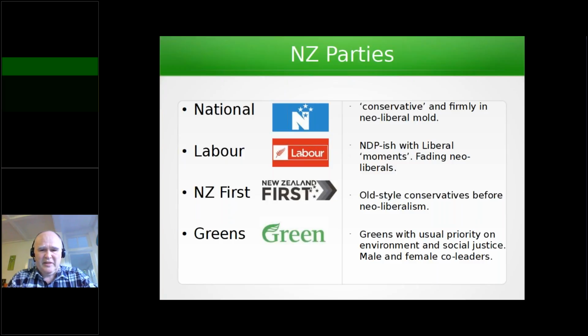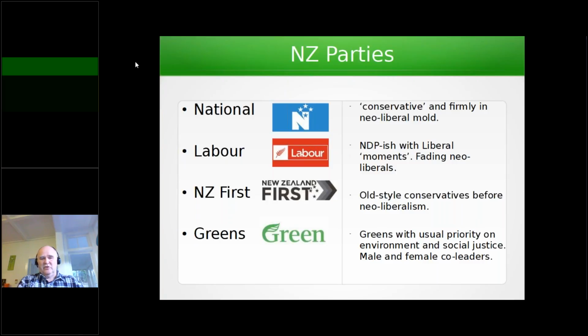And that does attract support and votes and attention in the media, but it's worked for him. The vote share for them has been anywhere up to 18%, depending on what election you're talking about. So, but he's also had some failures from making bad decisions, and I'll talk about that. The Green Party is the Greens, with the usual priority on environment and social justice. They're part of the global green movement.